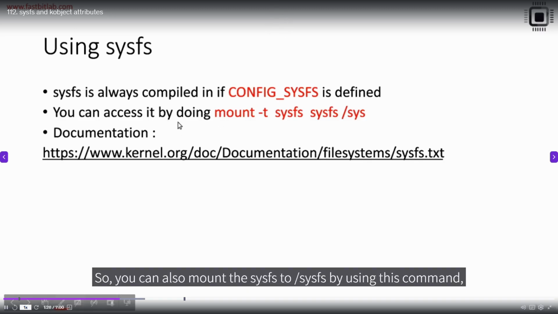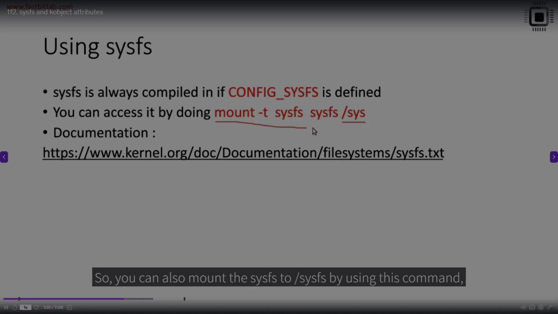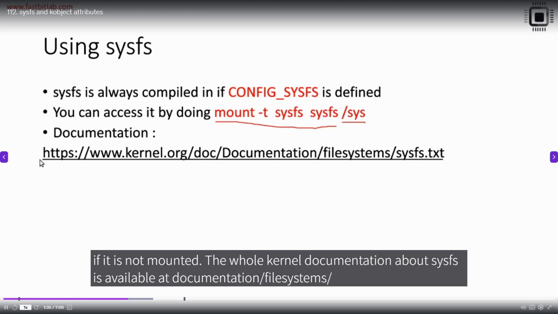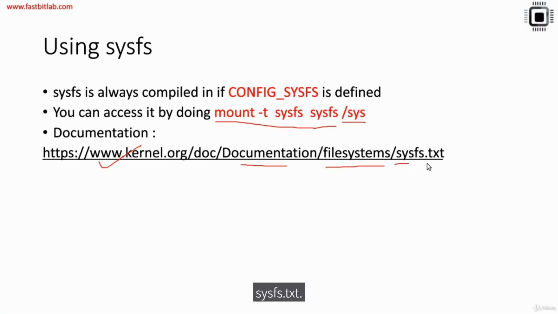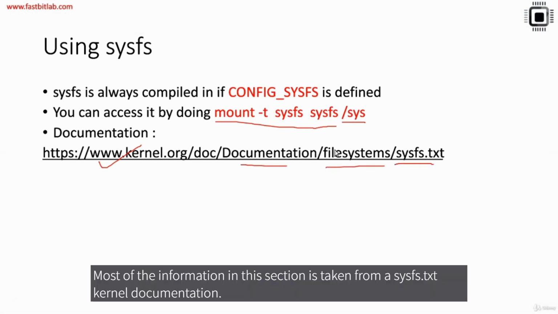You can also mount sysfs to /sys by using this command if it is not mounted. The whole kernel documentation about sysfs is available at Documentation/filesystems/sysfs.txt. Most of the information in this section is taken from sysfs.txt kernel documentation.